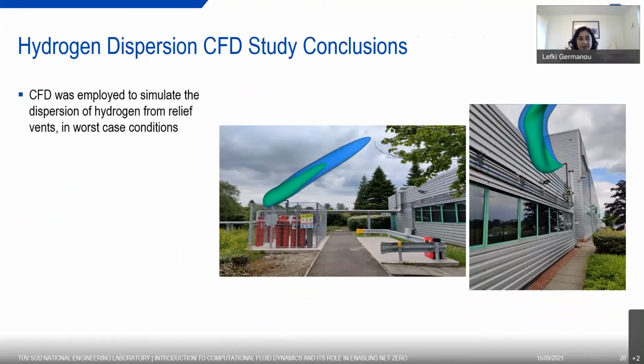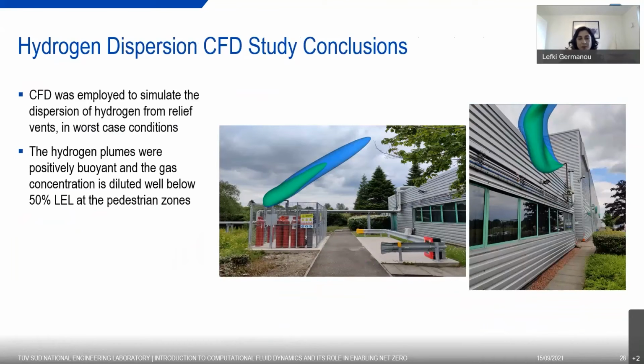To conclude this study, CFD was employed to simulate the dispersion of hydrogen from relief vents in worst-case conditions. The hydrogen plumes were positively buoyant, and the gas concentration was well below 50% of the lower explosive limit at the zones we were interested in, the pedestrian zones and near electrical equipment, which can cause sparks, and it's a source of ignition, so potentially a fire or explosion.